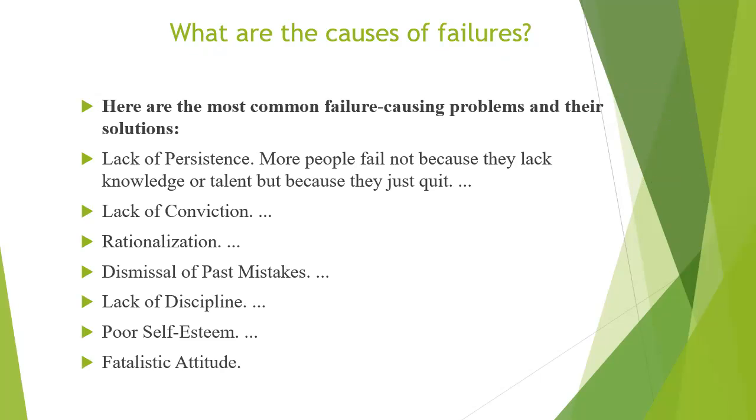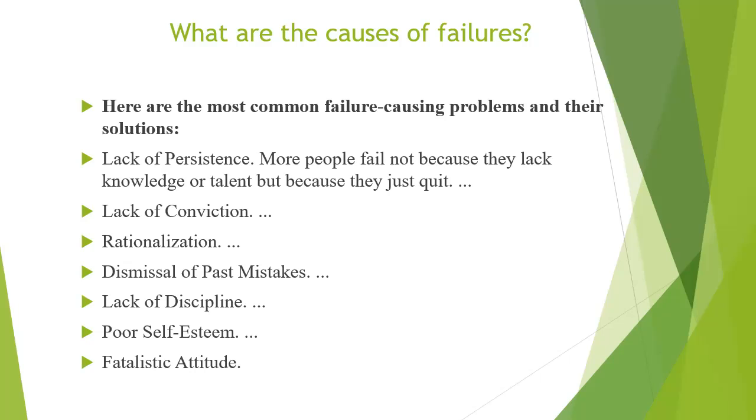So what are the causes of the failures? Here are the most common failure-causing problems and their solutions. Lack of persistence: more people fail not because they lack knowledge or talent, but because they just quit. Lack of conviction, rationalization, dismissal of past mistakes, lack of discipline, poor self-confidence, or attitude.